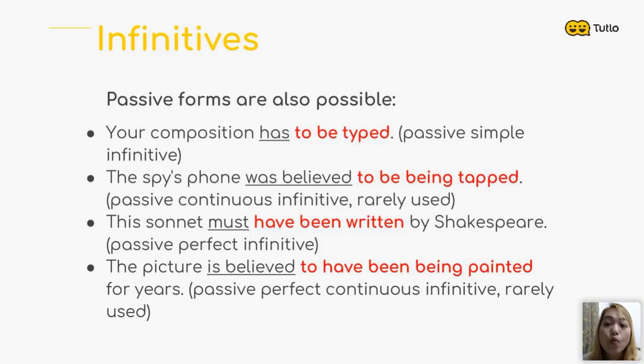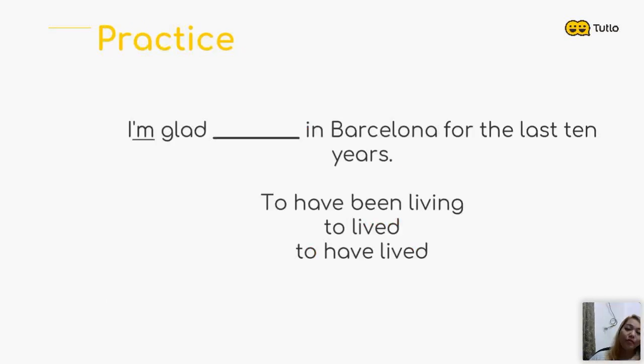Anyway, the most important thing is let's try the activities today and see what your takeaways are from my explanation about other forms of infinitives. Shall we? For example, I'm glad blank in Barcelona for the last 10 years. What do you think?